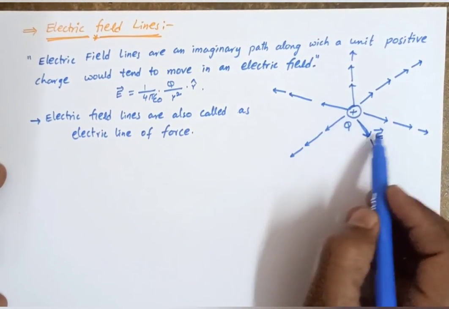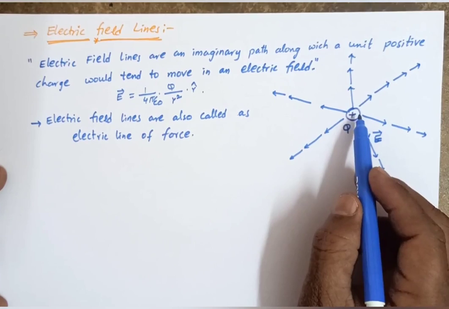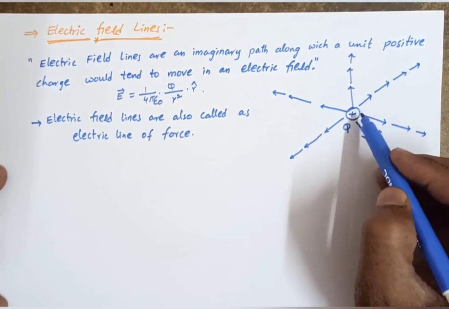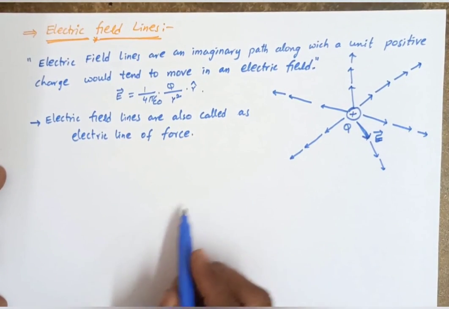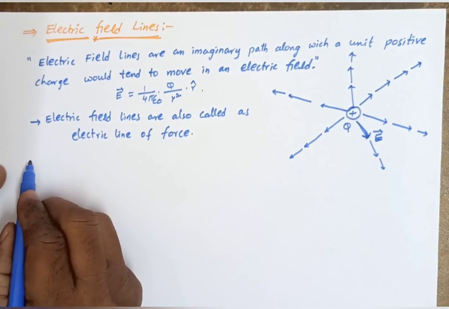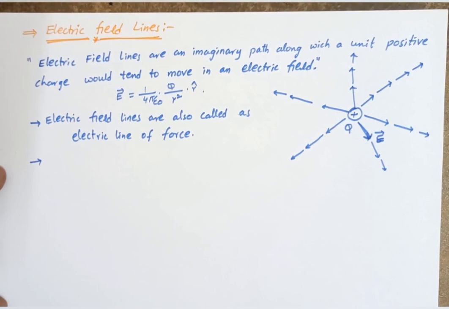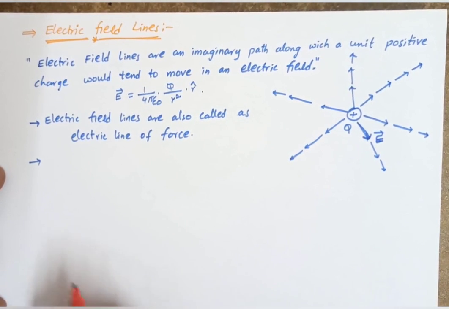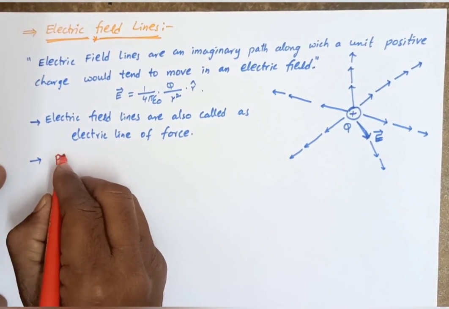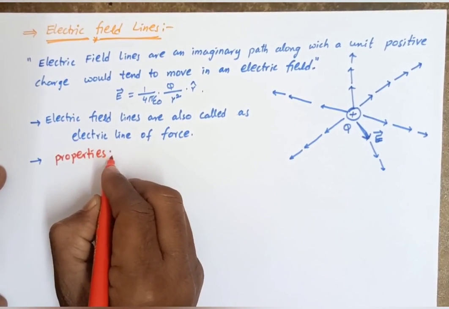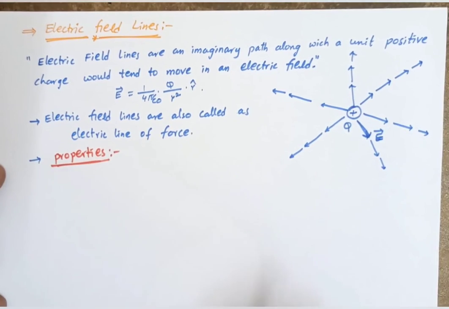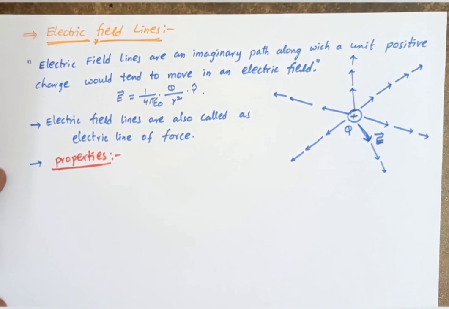Okay, this electric line of force starts from a positive charge and ends at a negative charge. So now we can discuss the properties of electric field lines. What are the properties of these electric field lines?